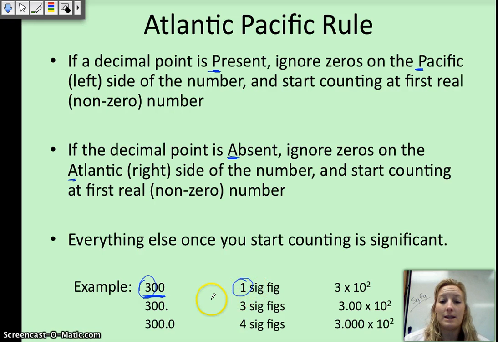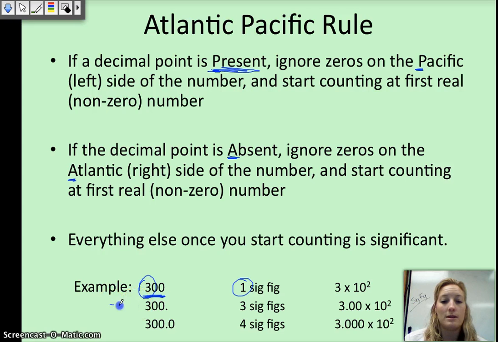If we look at the next example here, 300 with a decimal point, that means this is exactly 300. Whenever you put a decimal point at the end of the number, it's exactly 300. Now our decimal point is present, so we start with the Pacific rule, on the left side of the number, and start counting at the first real number.